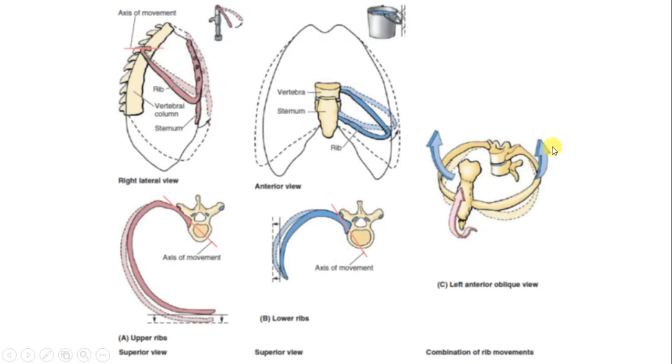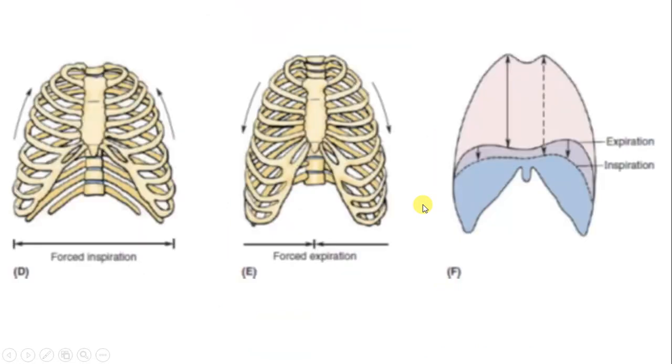Here both are shown at the same time, because both movements are occurring at the same time: bucket handle and pump handle movement of the chest wall.